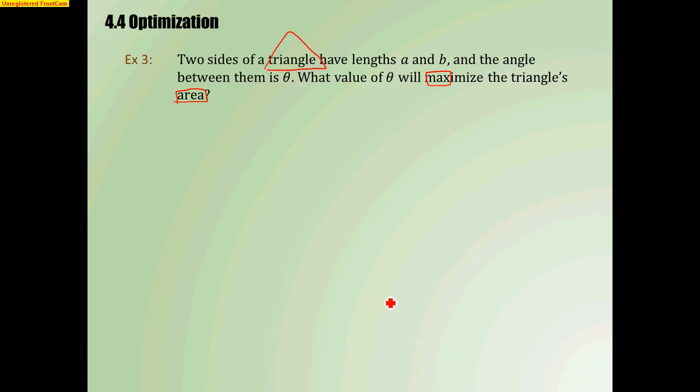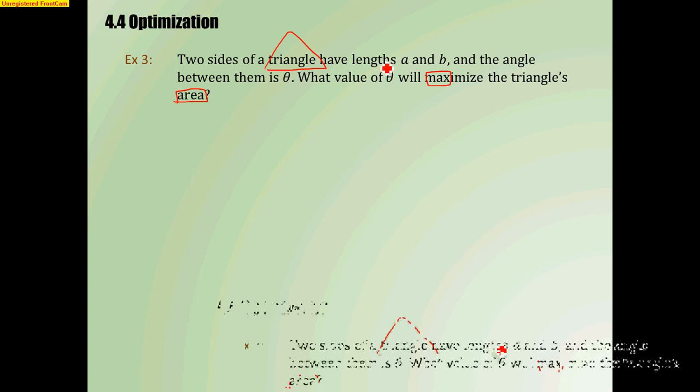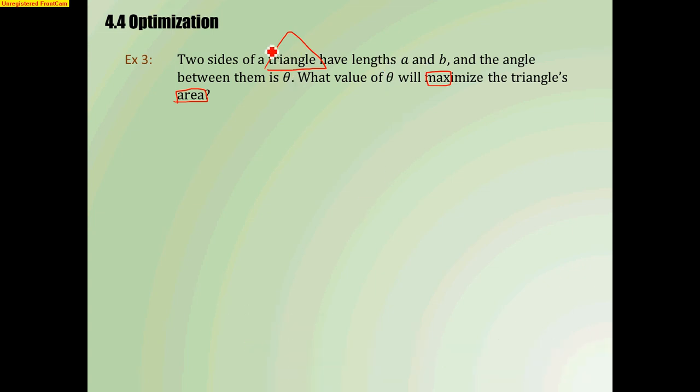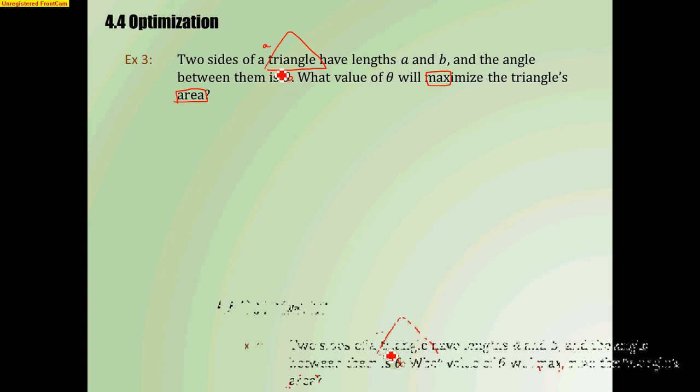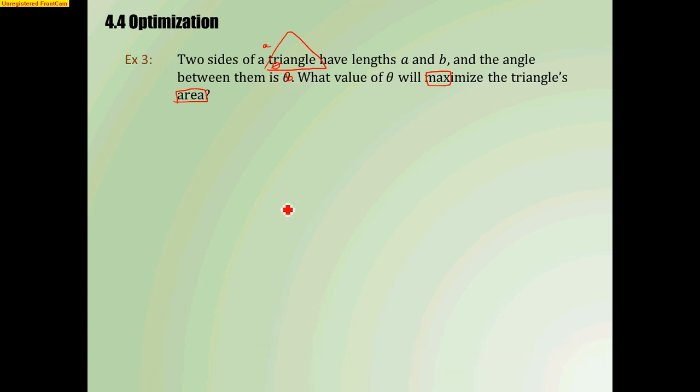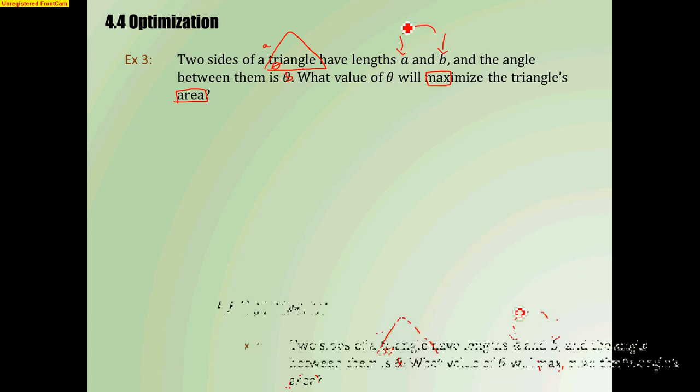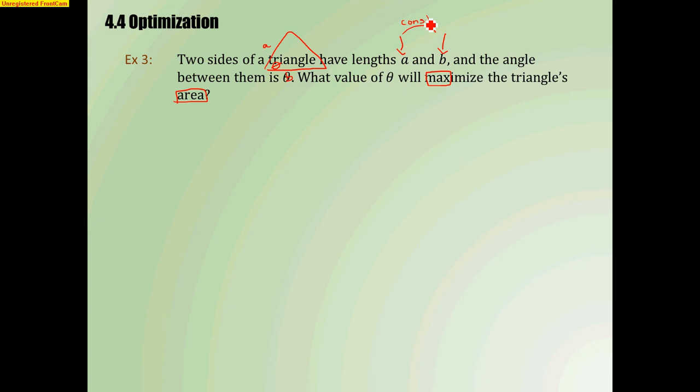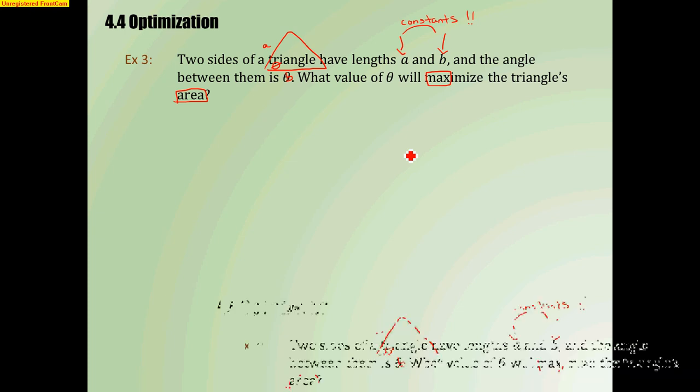So, I have a triangle with length A and B, and theta is between them. Now, that means A and B are not going to change. A and B are constants. That's important when I'm doing a derivative, right?